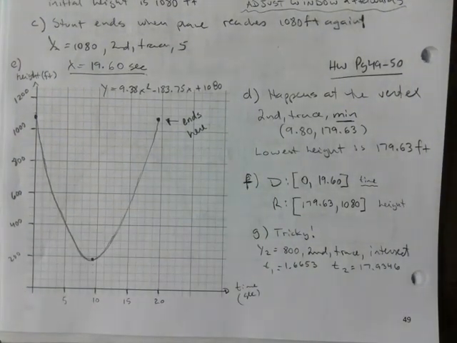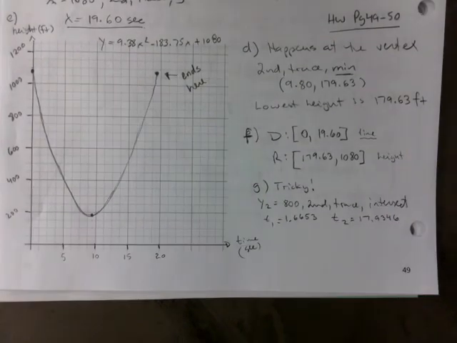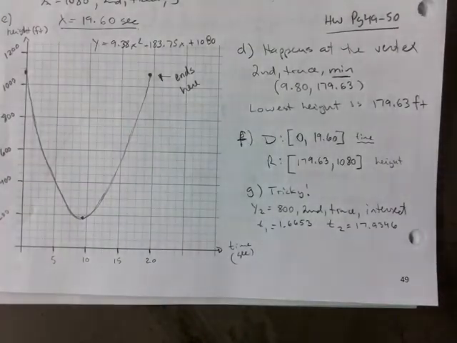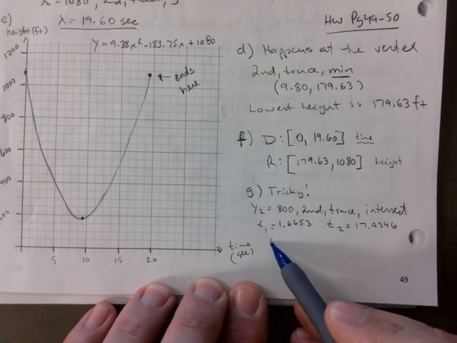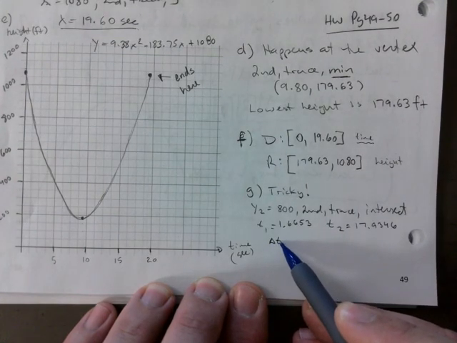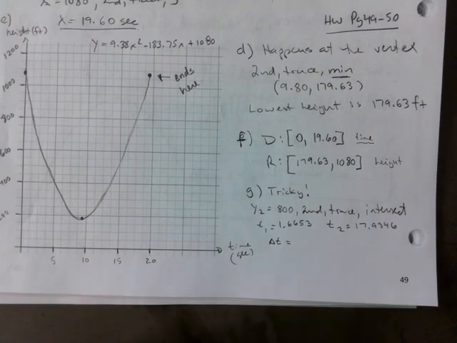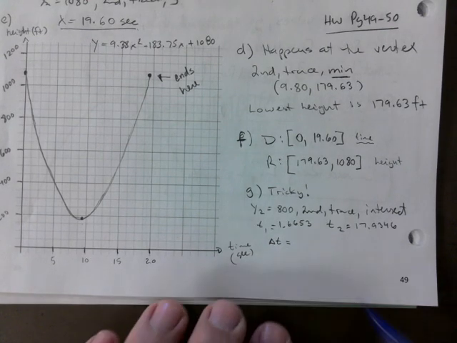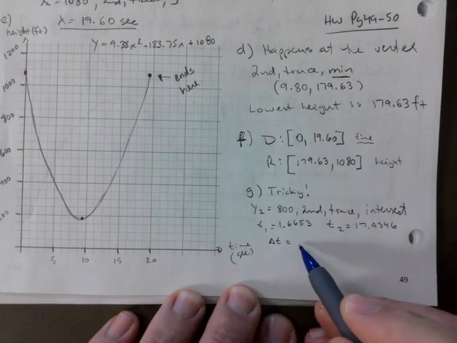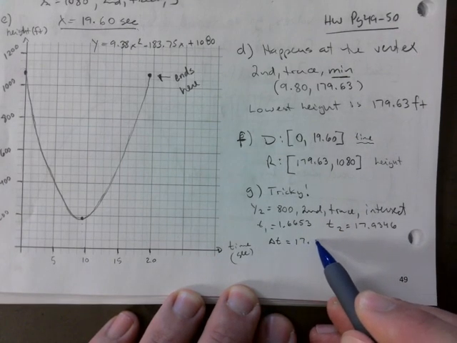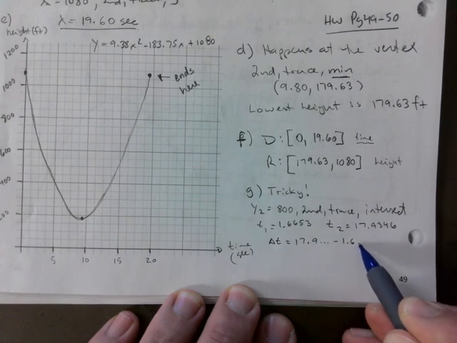Now, this is where I wish I would have had a bit more space here. When you go delta t, I don't know if that's what you were thinking you should have done here, but I would say for sure you should have thought, hey, I have to subtract these two. So we're going to go 17.9 minus 1.6.